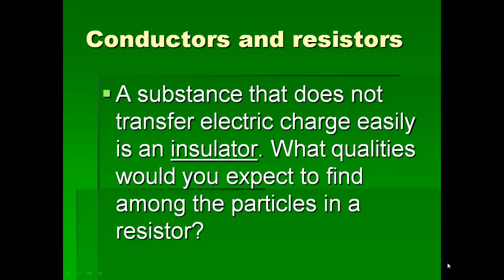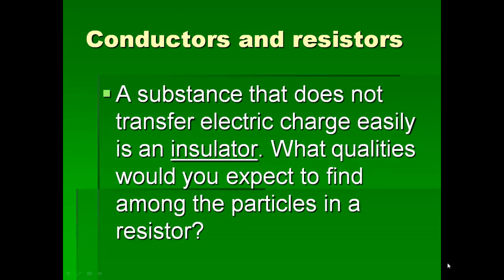Now they're going to have some kind of electrical attraction to the protons in the center. But since there are electrons in the middle of the cloud that help repel those outer electrons, because of course they both have a negative charge, the electrons on the outside are not as attracted to the protons in the nucleus as they might otherwise be. So that's another factor that affects why metals in particular are very good conductors of electricity.